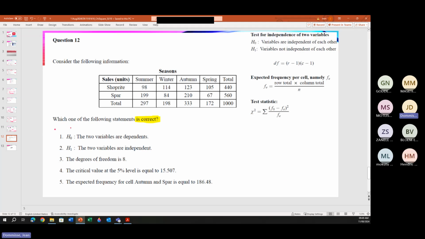Because suddenly two variables are dependent, independent. Okay, so that one is wrong. So again, just be careful, because all of the previous ones were looking for the incorrect one.